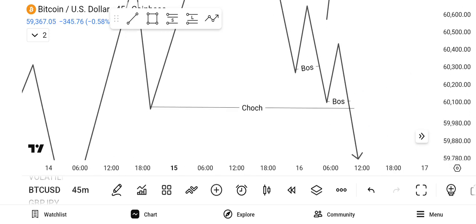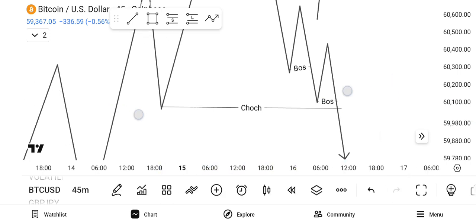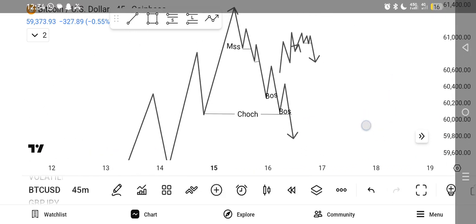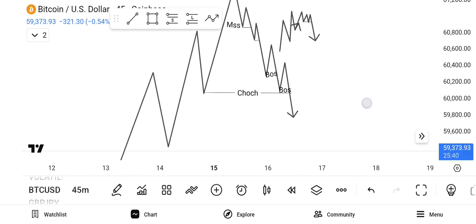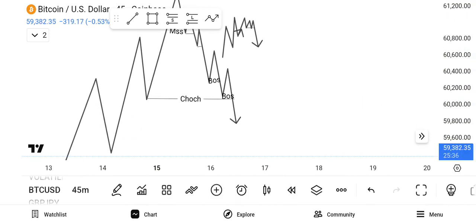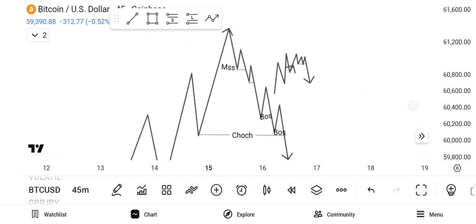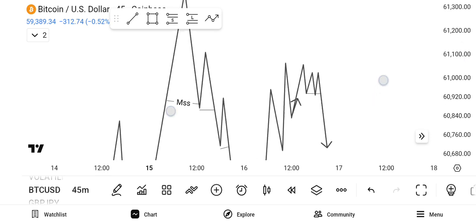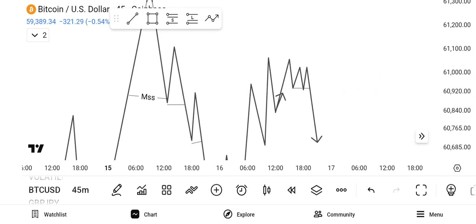And then this is a change of character where market takes out external or higher time frame structures, higher time frame higher lows or lower highs. And then a double break of structure is when market takes out two lows or two double equal lows, like when the market is ranging and then market breaks out. That is a double break of structure.